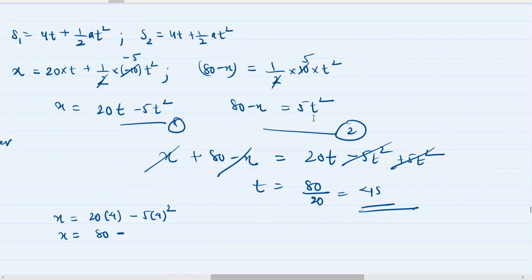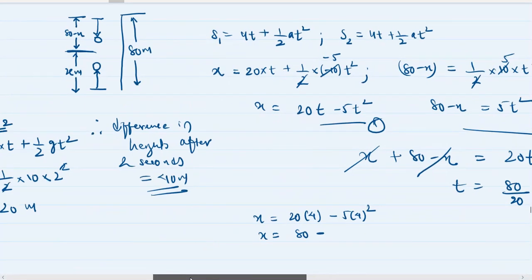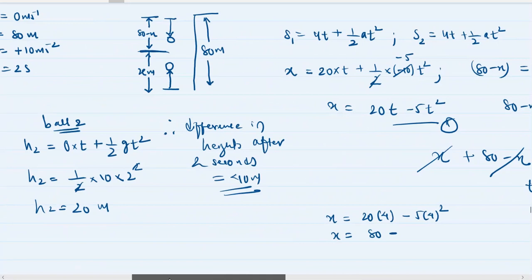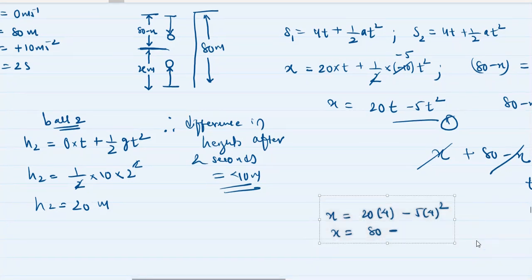What if I put it in the other place? If I put the value of t over here, then also I'm getting 0. How come I'm getting 0 as the value of x? Okay, I think I should not use this equation to find the value of x.